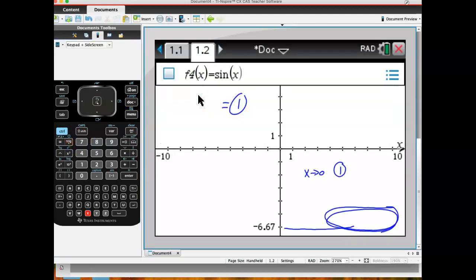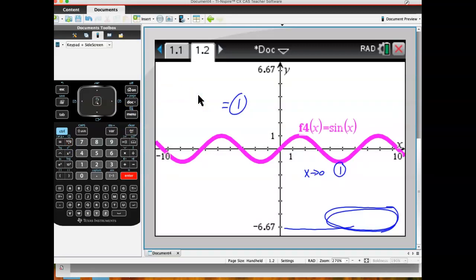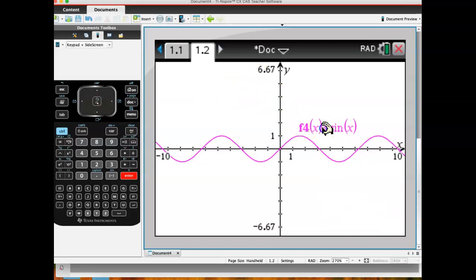Because this limit is approaching 0, I'm looking for what's happening to my sine in here. I know this is a curve, but when I get really close to 0, this almost looks like the identity line.